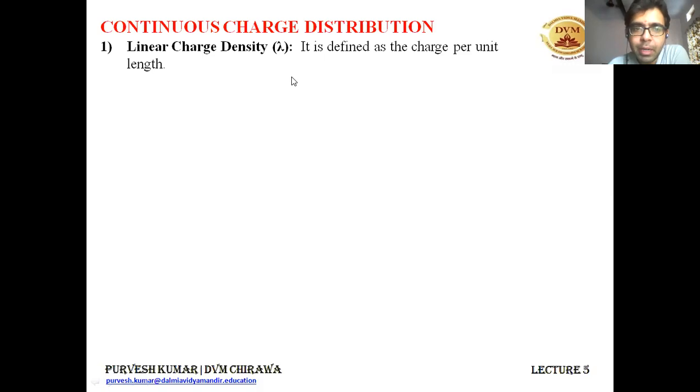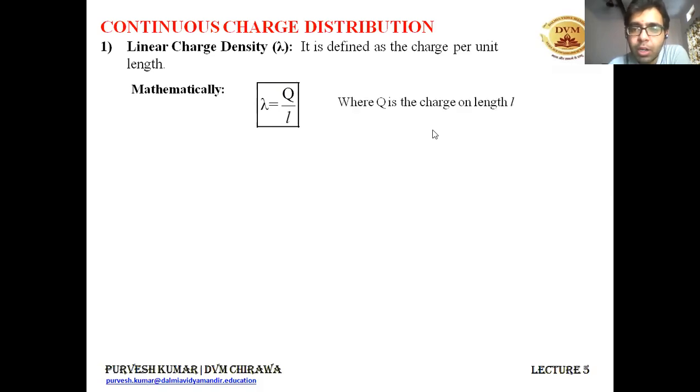And that can be mathematically defined as lambda is equal to Q upon L, where Q is the charge present on length L. All right. So if L is the length of the object and it has charge Q, then the linear charge density can be defined as Q by L.